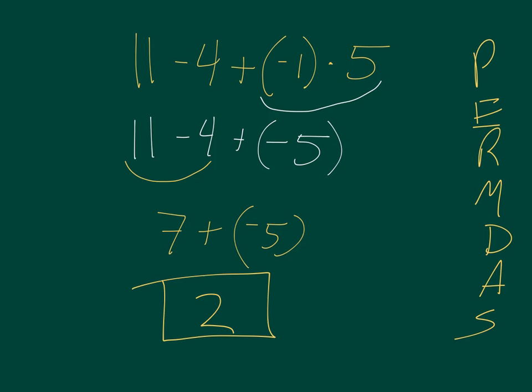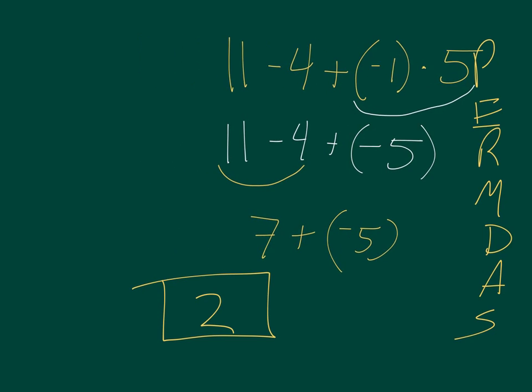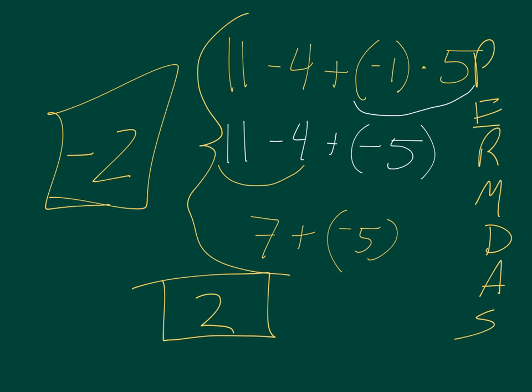If you had started this problem and simply written negative 2, and you did not show any of this work, you will not receive full credit. If this were a 3-point problem, you would get maybe 1 point or 0. Excuse me, not negative 2. What am I doing there?